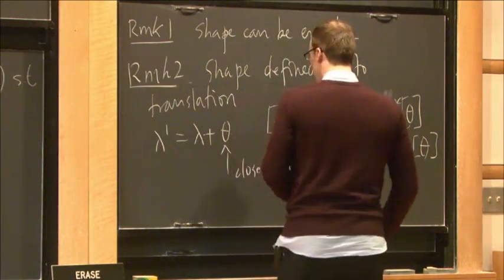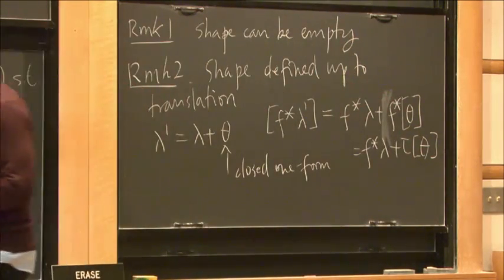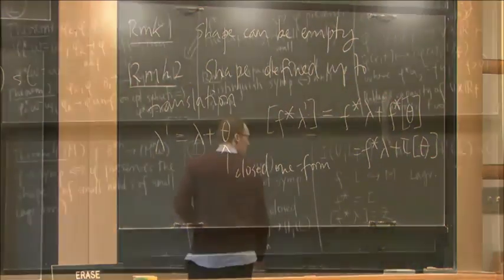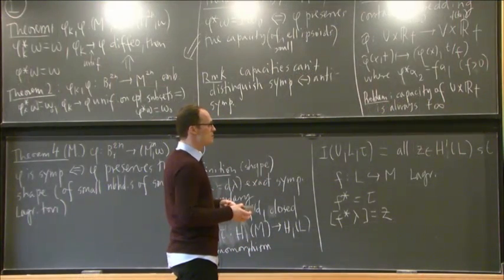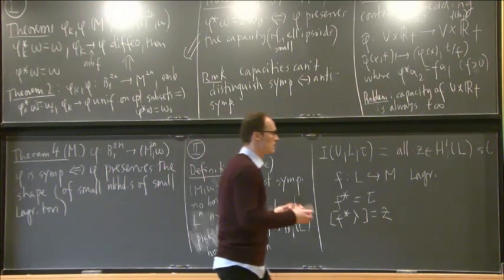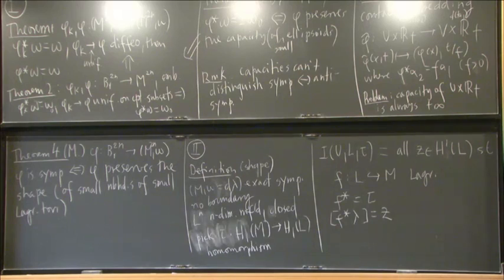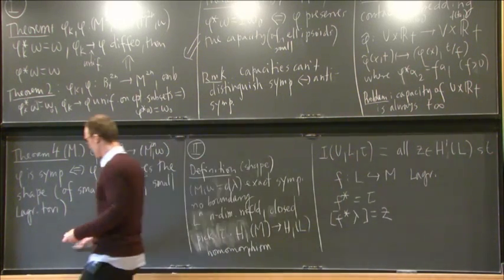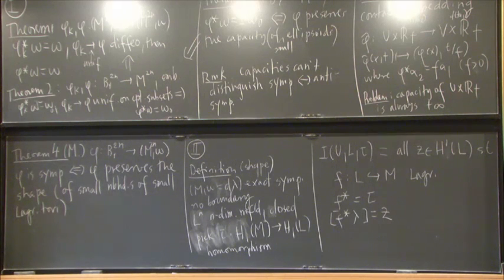So I need to fix this induced map. And then there's some freedom of translation, but in practice it doesn't cause any problems because it's some fixed vector, and that can be dealt with. Okay.